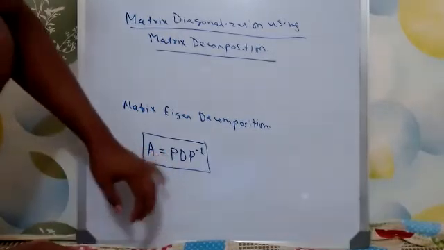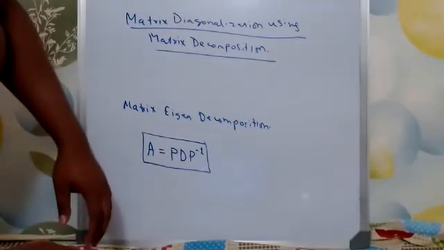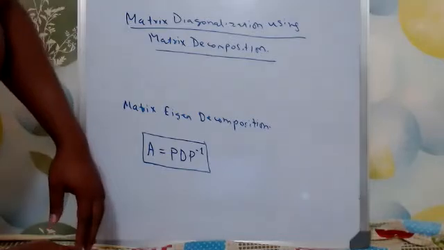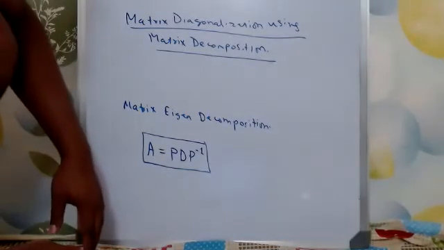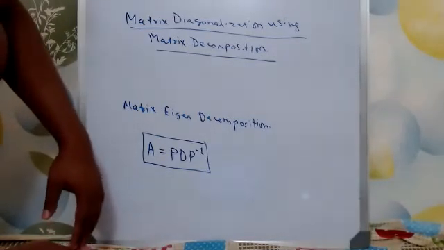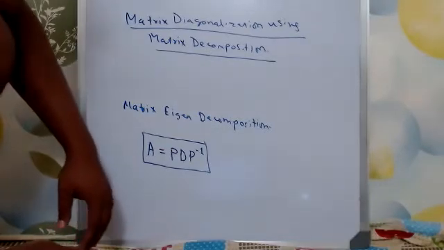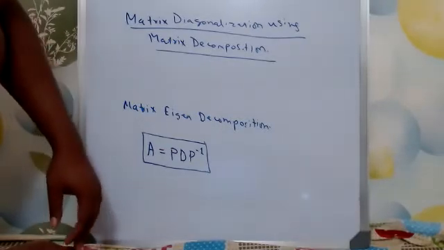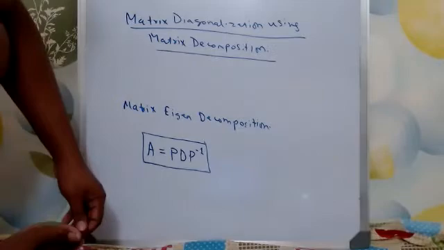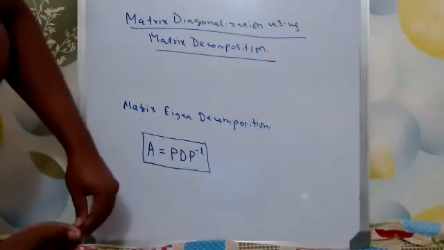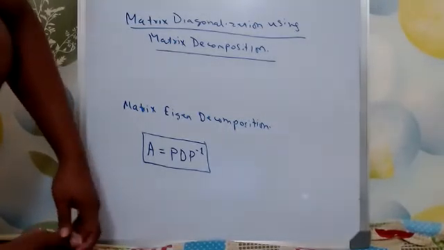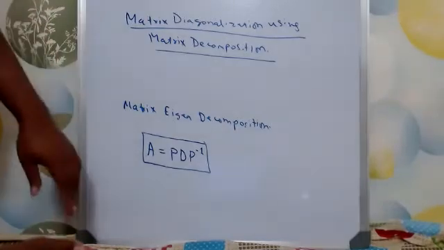If P inverse was not involved, then we could have P as a matrix with independent eigenvectors. But since there is a P inverse involved in the decomposition, we cannot take it for granted. We have to make sure that P inverse exists every time. And to make sure P inverse exists every time is that we should have all independent eigenvectors.